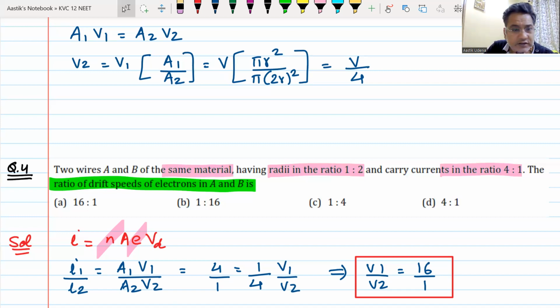Since we have done all this, let us now move on and see the next point.